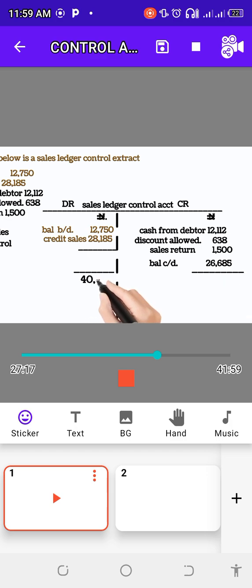The difference now is 28,685. And the total is 40,935. Then we balance off by putting a double strip.